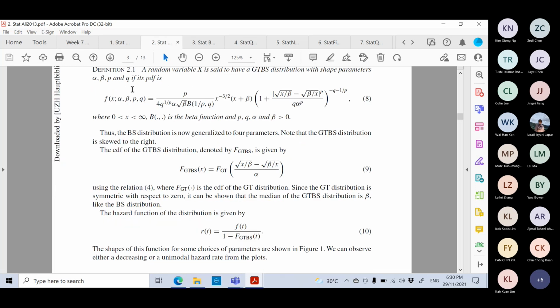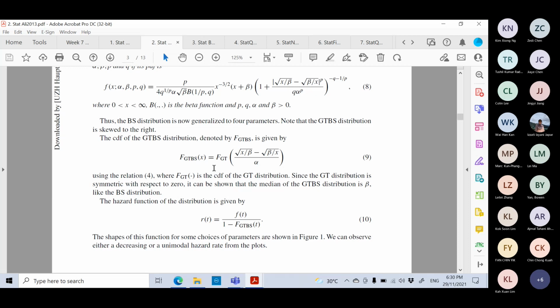Besides the CDF, they also provide the hazard function, which sometimes describes the distribution of the data set and is very useful. Their hazard function is equal to the PDF divided by 1 minus the CDF.